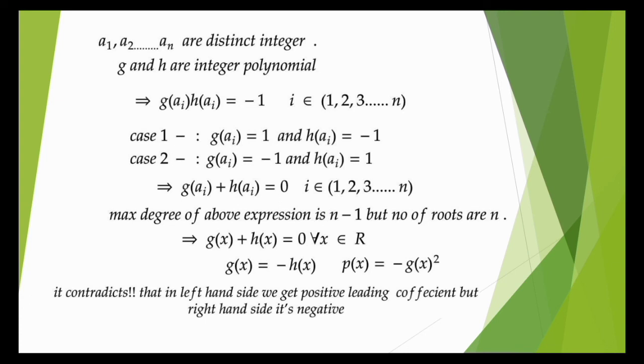This contradicts the fact that we assumed p of x can be written in the form g of x times h of x. So this is the point where our assumption contradicts, and this is the place to stop.